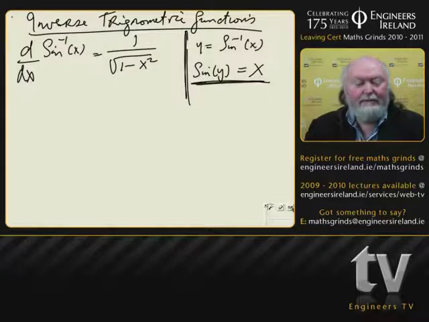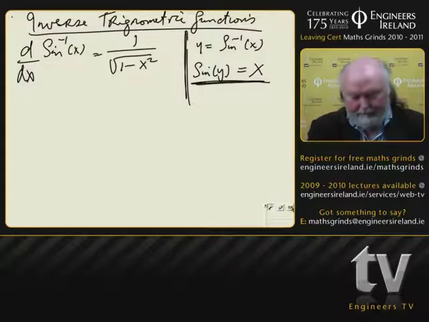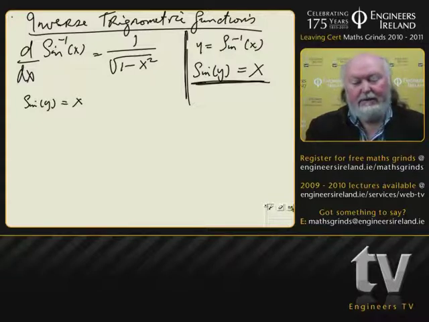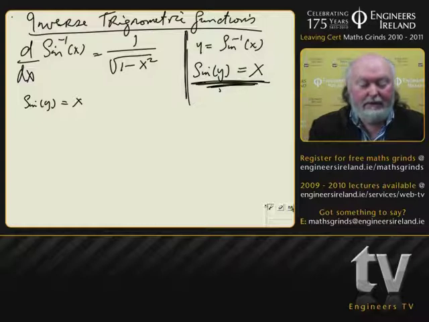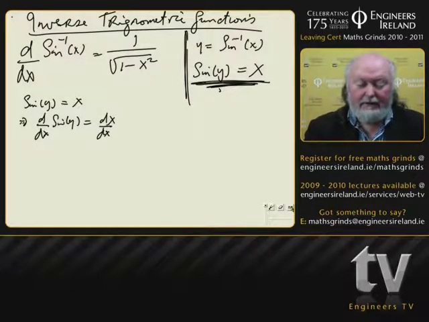Let's examine it. We're saying y is inverse sine. What if we went along and said sine y, we know, is x. That's just using this bit over here. Differentiate it. And clearly dx divided by dx is just 1.